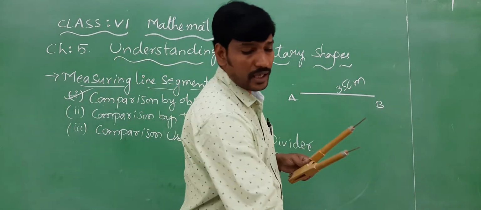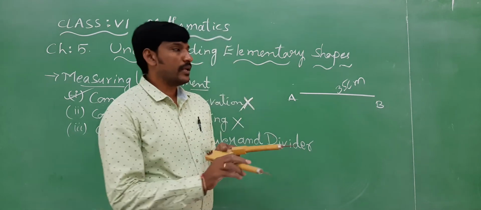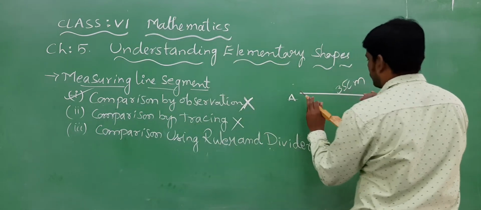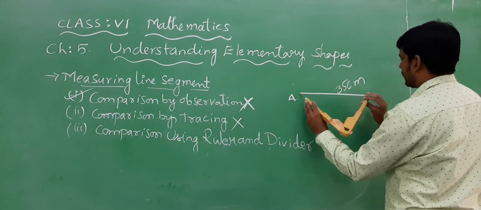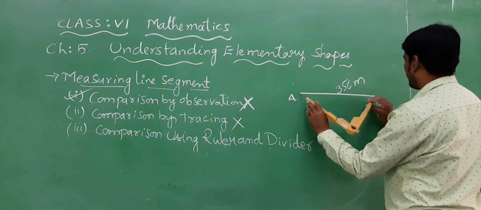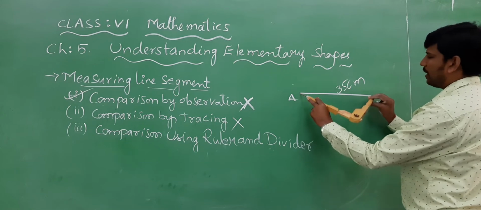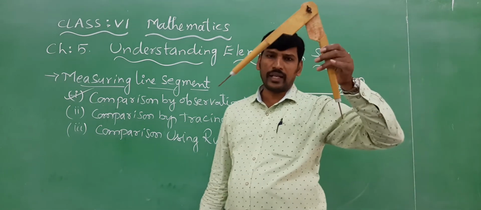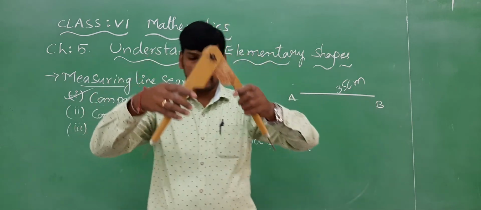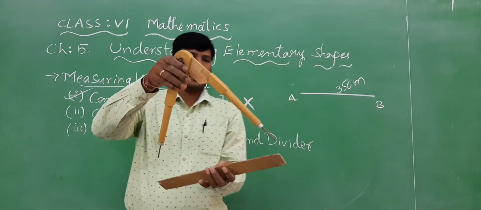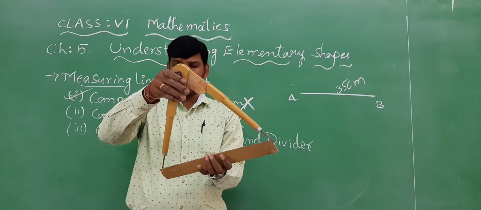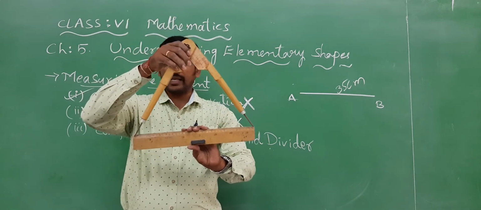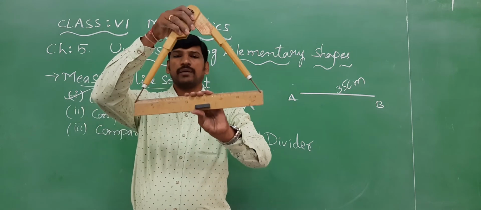Then how do we measure with the divider? Just see this here. Open it up, and you just keep these two end points on the ends of both edges. You just keep it like this, and after that, without any change of this part, measure on the scale. It gives the exact value of the line segment.